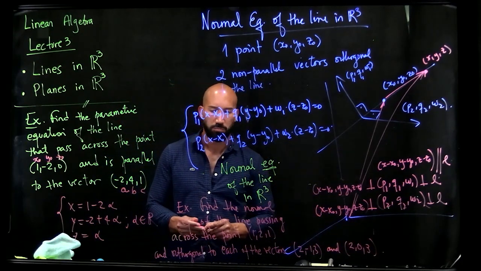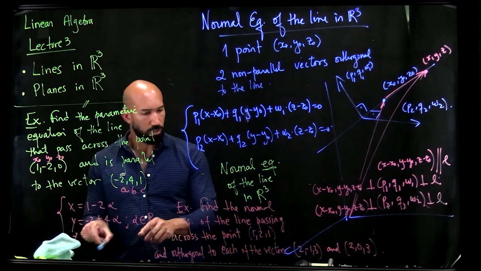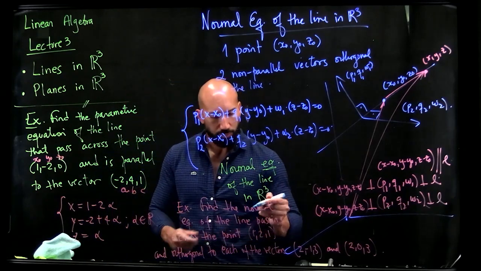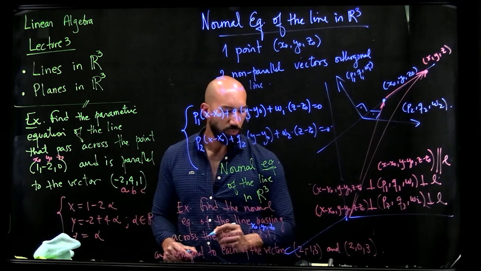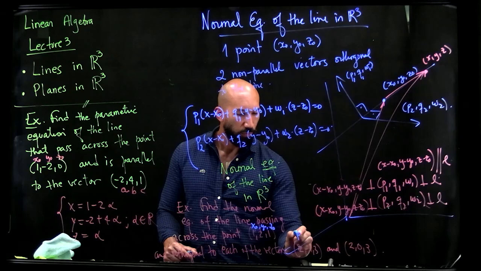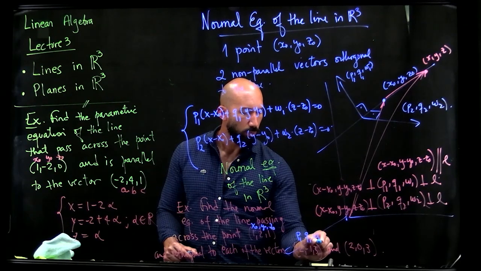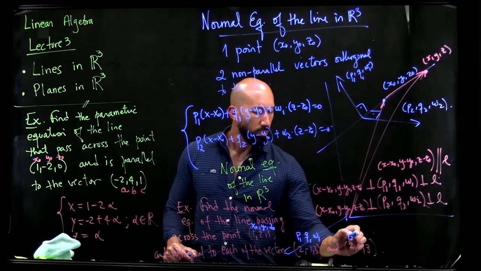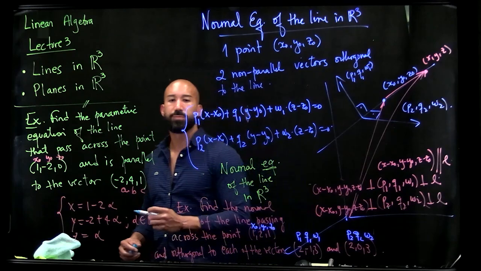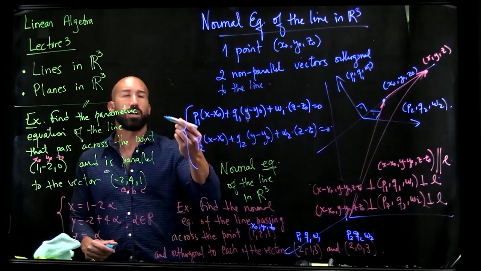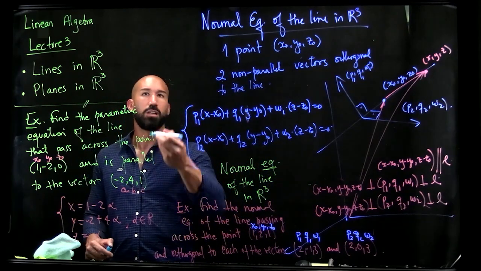Okay? So the only thing that we need to do is my point, this is X0, this is Y0, this is Z0, and this is my first orthogonal vector. So this is P1, this is Q1, this is W1, this is P2, this is Q2, and this is W2. I go here and I say, what is going to be the solution in this case?